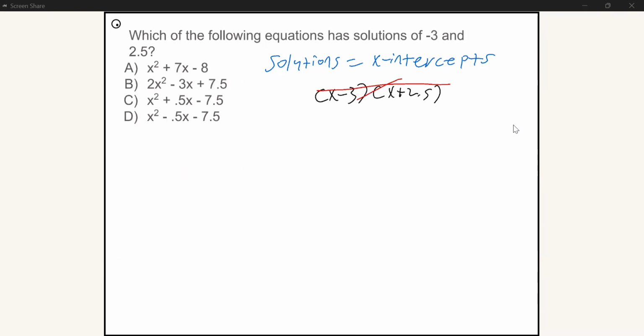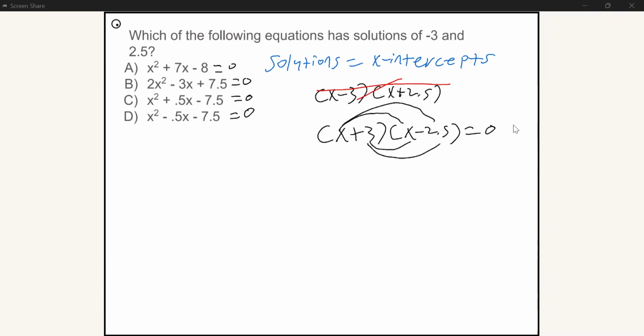So let's do x plus 3, x minus 2.5. And actually, each of these should have had it equal 0, because otherwise they're expressions, not solutions. But that's okay. We understood what it meant. So here, now we FOIL. So boom, boom, boom, boom.